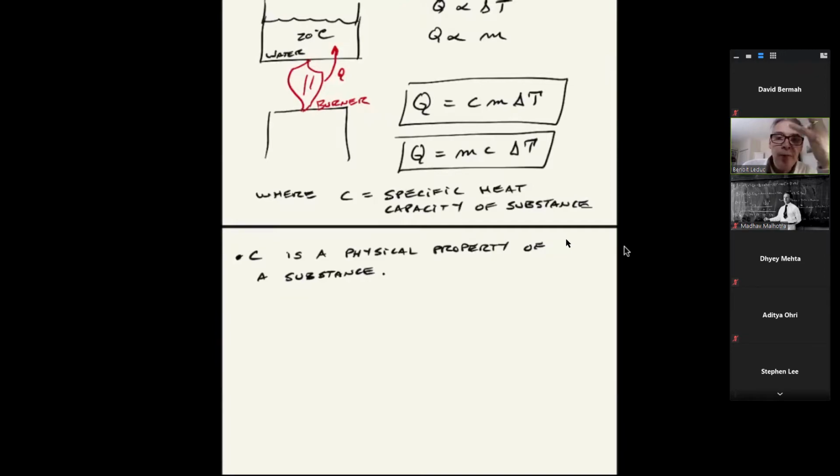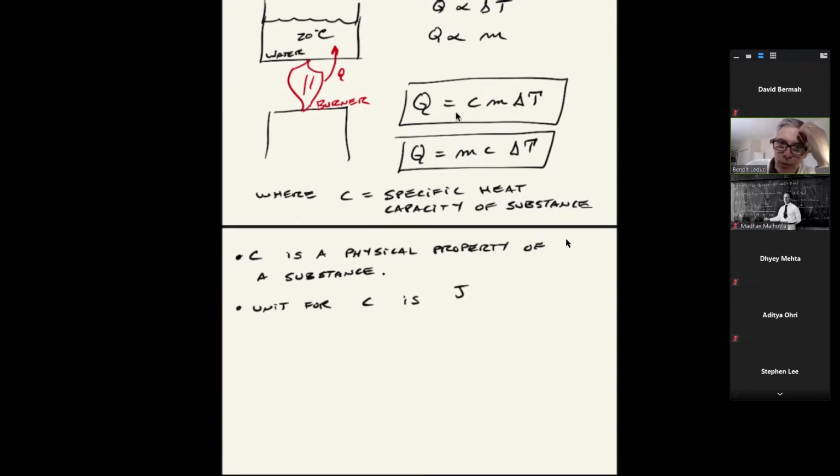Each substance has its own physical properties, its own specific heat capacity. The unit for C, you may guess, is going to be joule, because this is work, thermal energy.